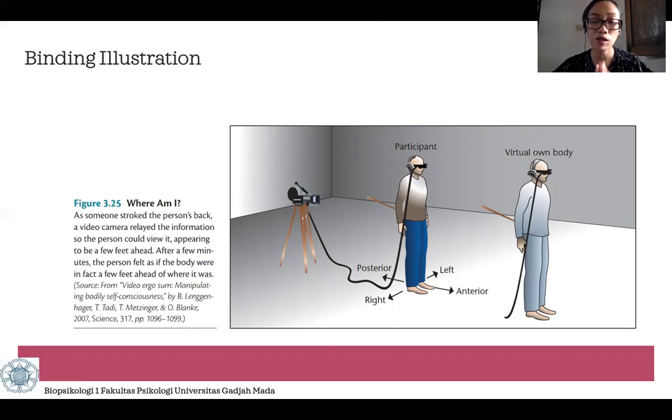That's another example of binding problems. So binding here often fails if the displays are flashed very briefly or while the viewer is distracted. That's a very interesting finding of research about binding illustrations.